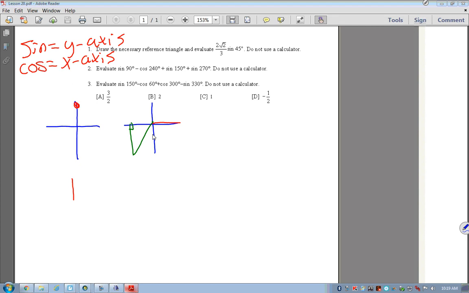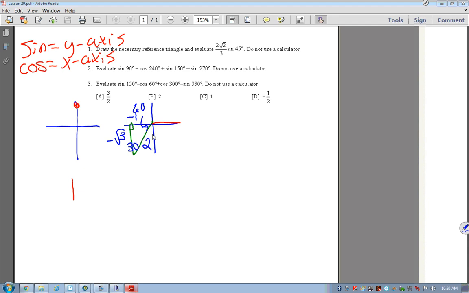It's cosine 240. So the next thing that I need to know is what my reference angle is. All right? In this case, it's how far past 180 have I gone, which should be 60 degrees. So if this is 60, then this is 30, right? Okay, so as I begin to set this up, this is going to be -1, negative what, radical 3, and 2.